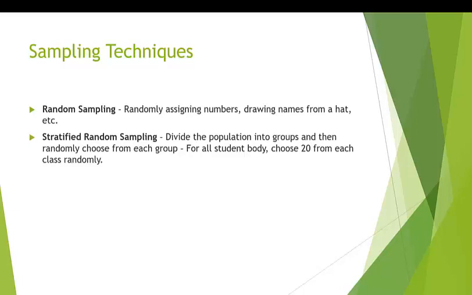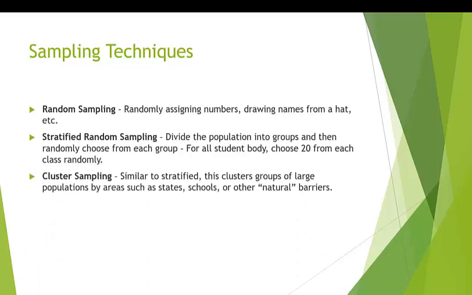So through a stratified random sampling, you will purposefully get samples from each of the strata that you decide, however you decide it. It may be class. You could do it by gender and say, I want to get an equal number of males and females.